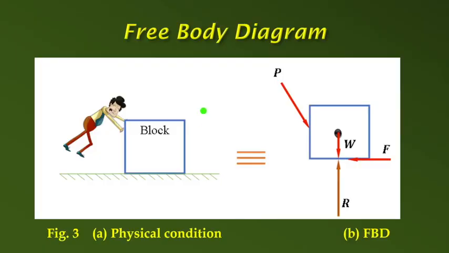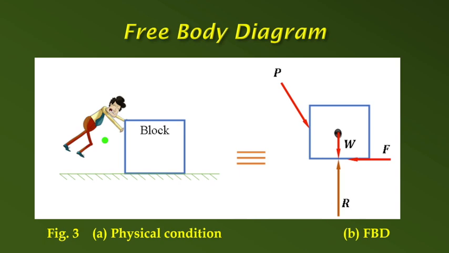Then what is the free body diagram? Already I have discussed. Again, I am giving another example. Let's consider a block. Block means weight. It may be a table. It is on a horizontal floor here, and a man is pushing the block.